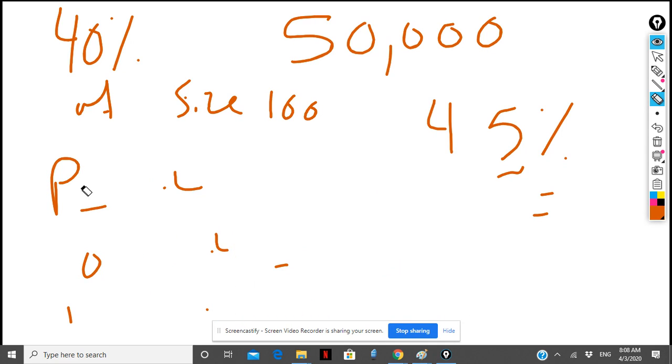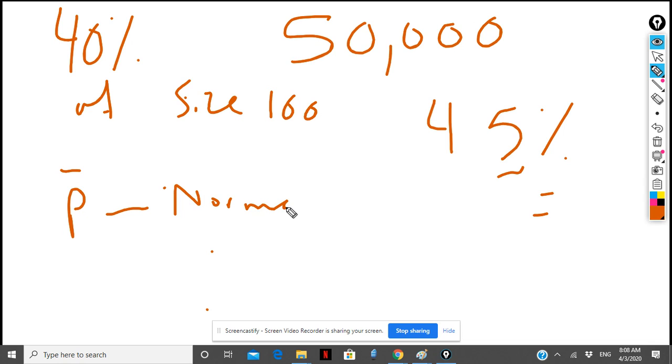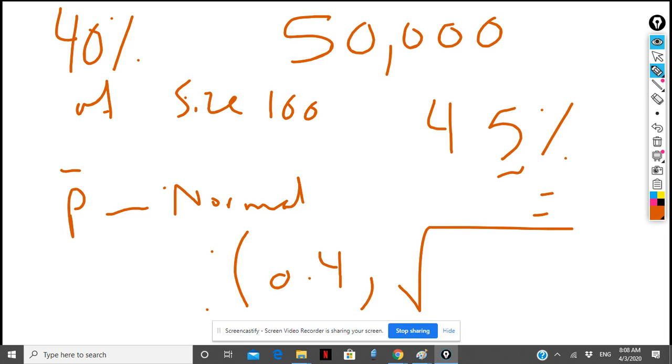So now I'm going to use the formula, which is p-hat approximately normal with mean p, which is 0.4, and standard deviation the square root of 0.4 times 1 minus 0.4 divided by 100.